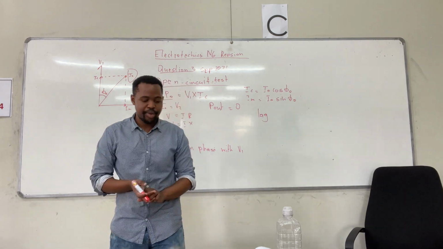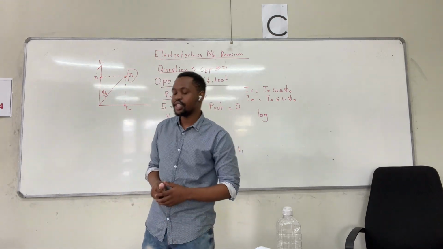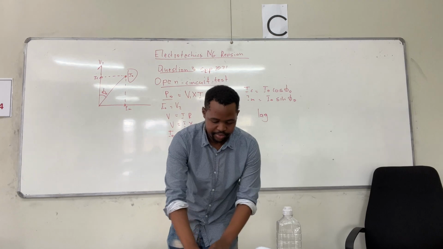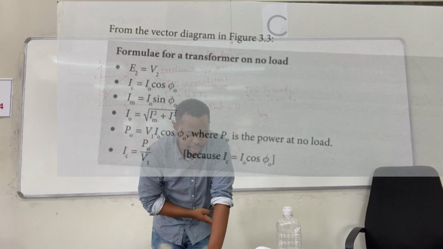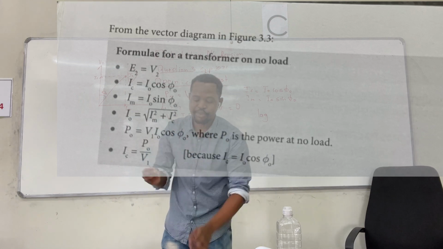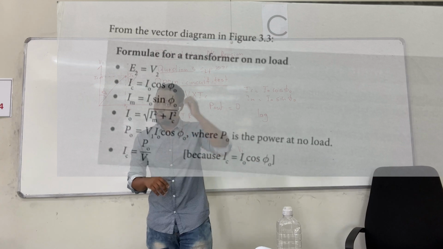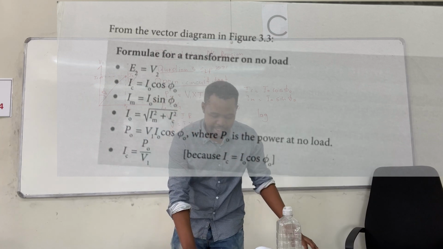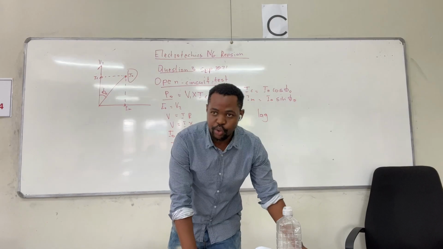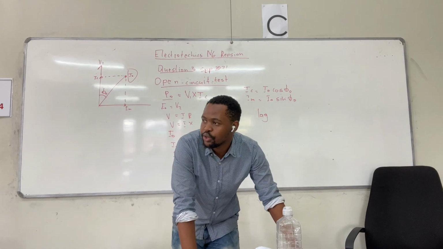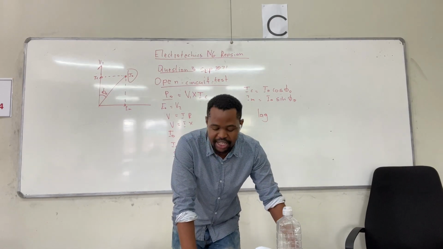Let us go to the next page, page 106. Everything I was explaining is the formulas for a transformer on no load. Let us look at the formula: I naught is the square root of IM squared plus IC squared.